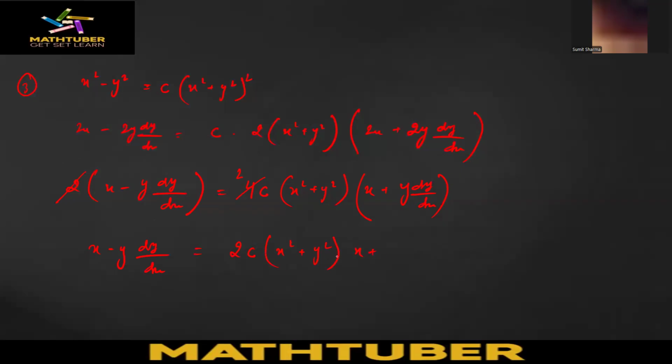Okay, there is one problem with this question: we will not be able to separate dy by dx from here as it is a little complicated. So we have to change the first step here, and I'll tell you.